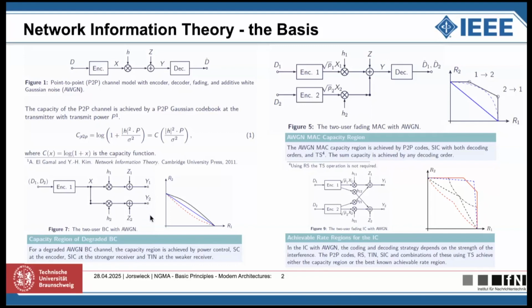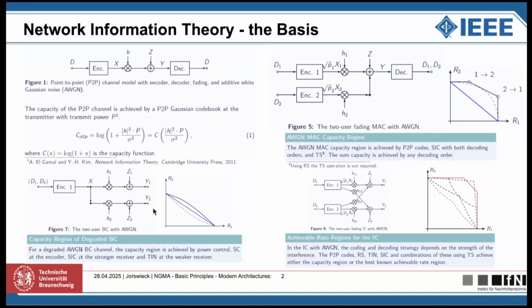For this broadcast channel, it is well known that the optimal strategy is to apply superposition coding, so encode both messages for both users at the same time and at the same frequency, and then perform successive interference cancellation at the stronger user and treat interference as noise at the weaker user.